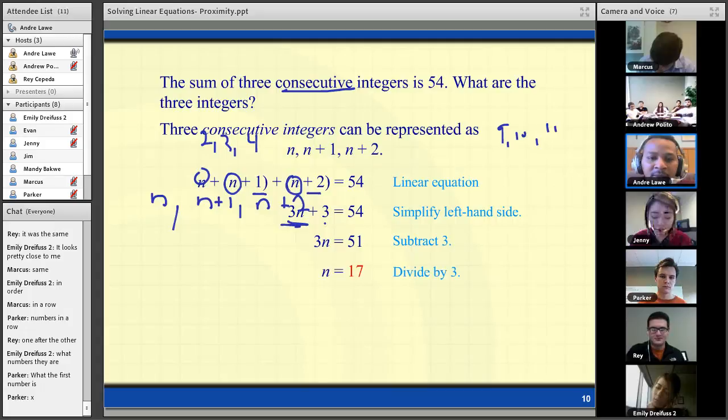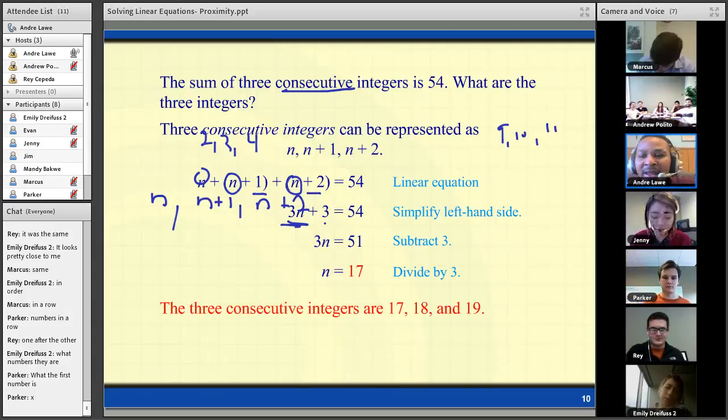I want to go ahead now and then use the multiplication property and divide by 3 on both sides. And that would give us n equals 17. Any questions on this? Okay.